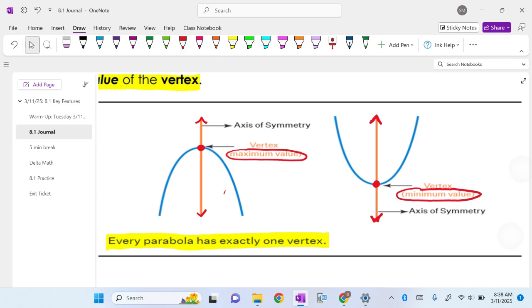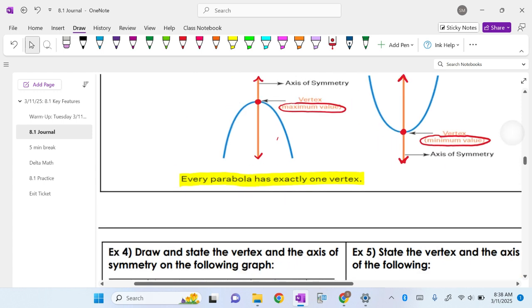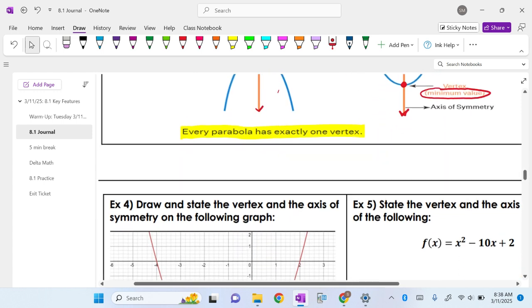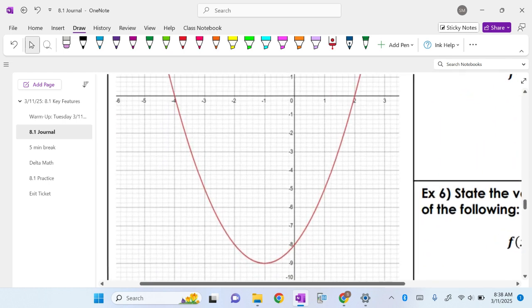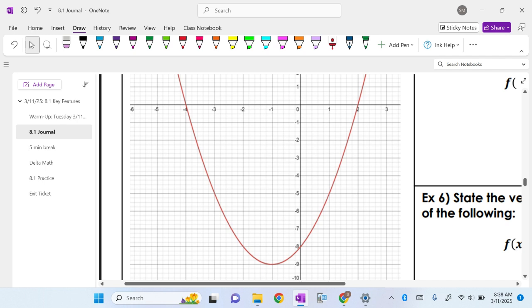All right. So now let's look at figuring it out. First things first, example 4. We're going to draw and state the vertex and the axis of symmetry. So just by looking at this graph, do you think the vertex is going to be a max or a min?